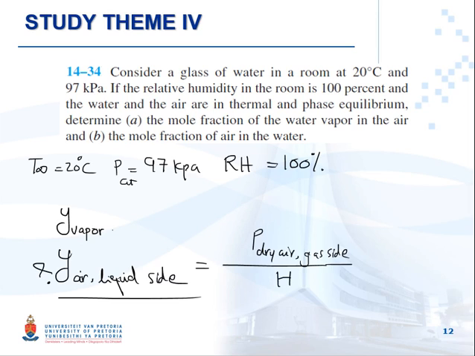But how about the mole fraction of water vapor in the air? If you remember, like I mentioned just 1 or 2 minutes ago while we were solving the previous example, in this case this one will be P vapor divided by P total.